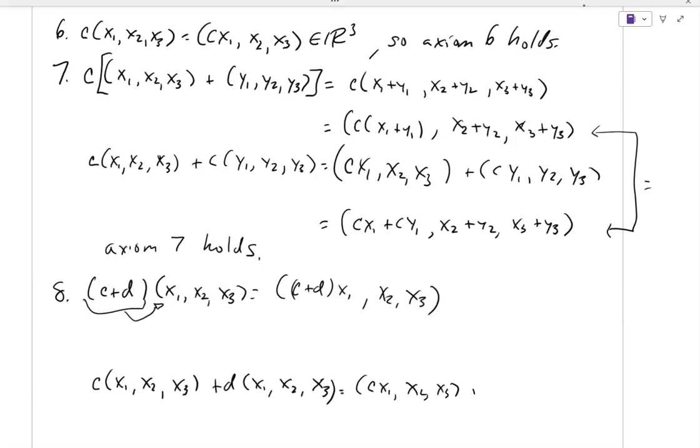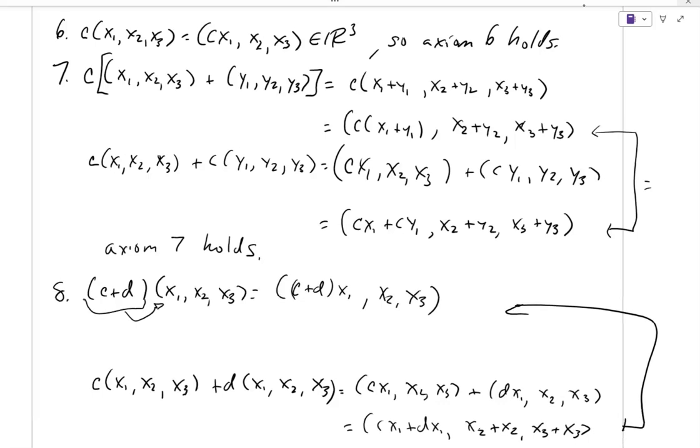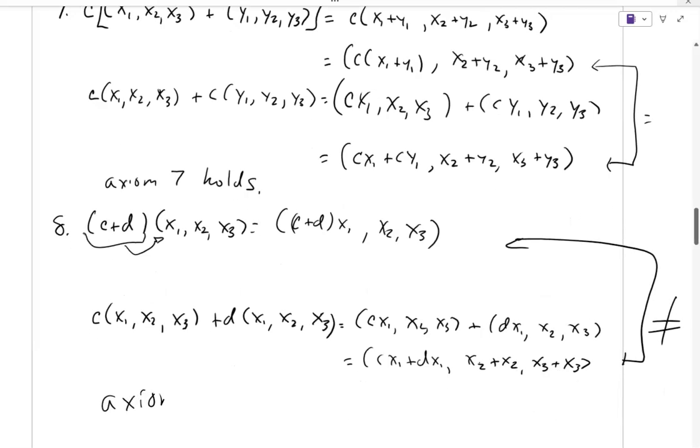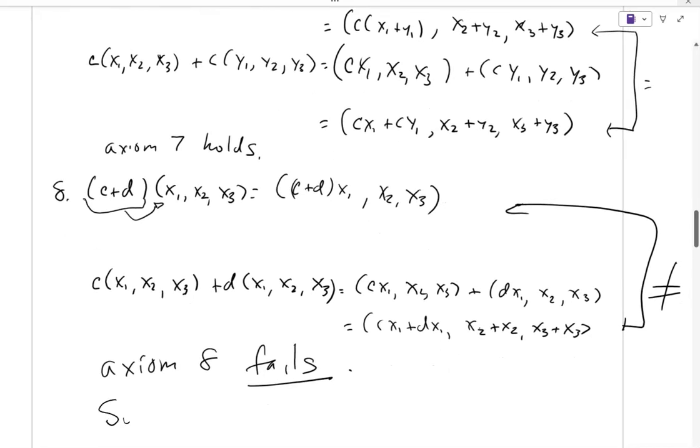Good. And the second one? Okay. And now what do you get when you add? Good. Now, are these two answers the same? No, they're not. Right? That's 2x2 and 2x3, isn't it? Okay. So axiom 8 fails. So this is not a vector space.